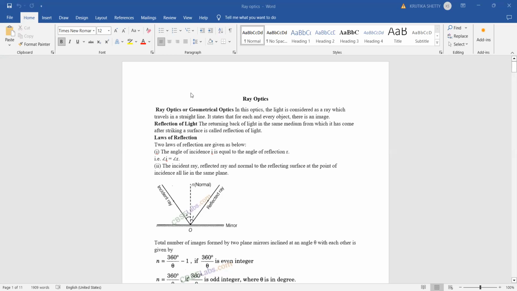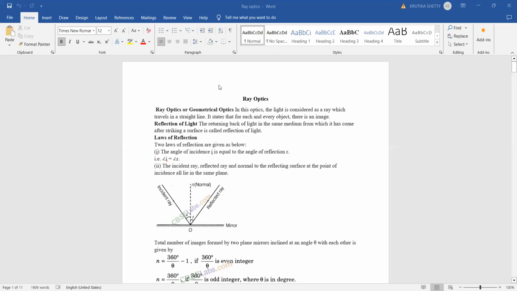So in the ray optics part: reflection, spherical mirror, mirror formula, reflection of light, air, plane and spherical surfaces, lens maker's formula, total internal reflection, magnification, power, then combination of thin lenses, and the magnifying power. So all these points are there in this lesson.